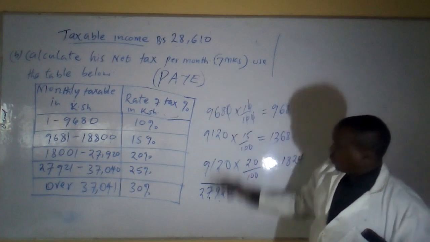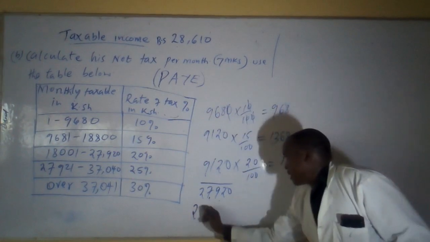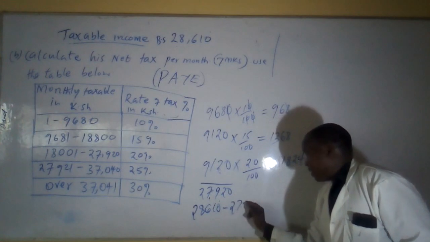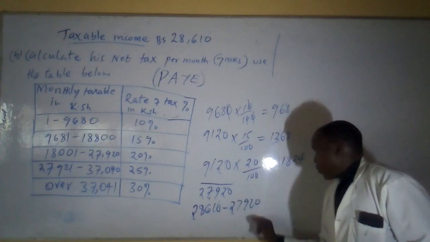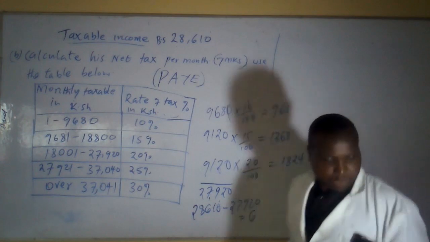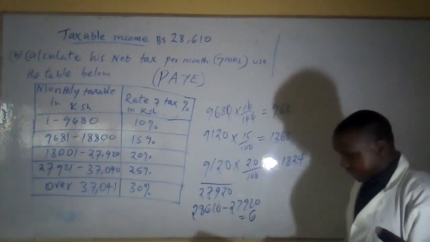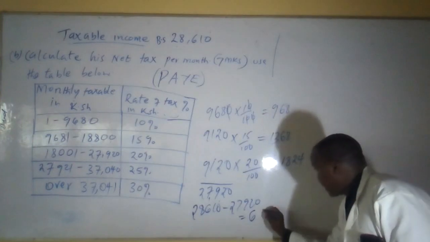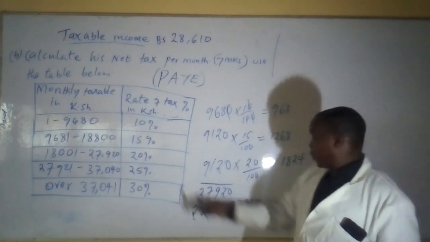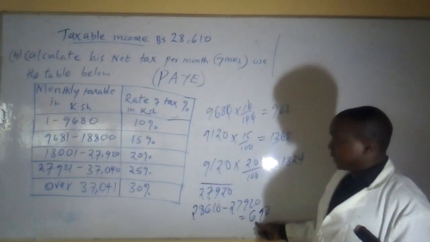Therefore, what we do is subtract 27,920 from 28,610, and we get a remainder which is 690. So it means that in the next slab of 25%, we are going to use this remainder of our taxable income.